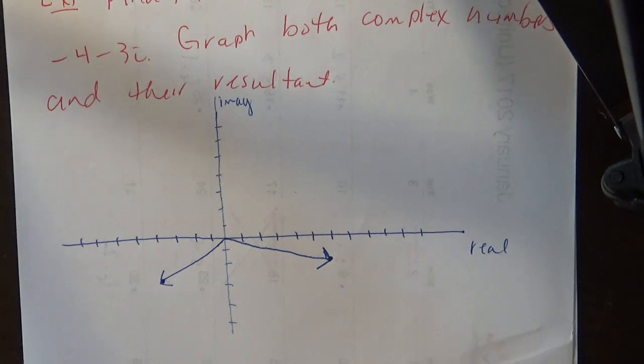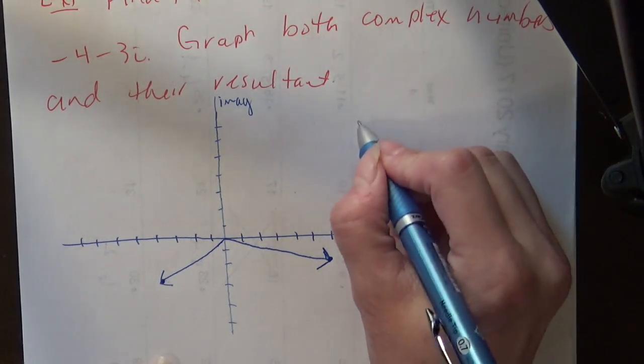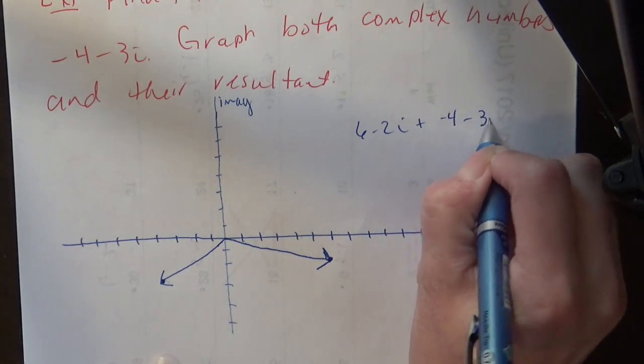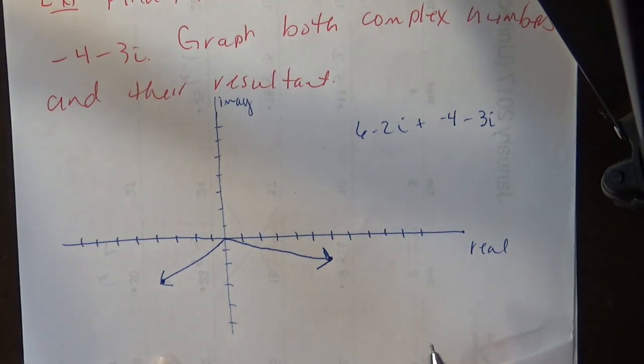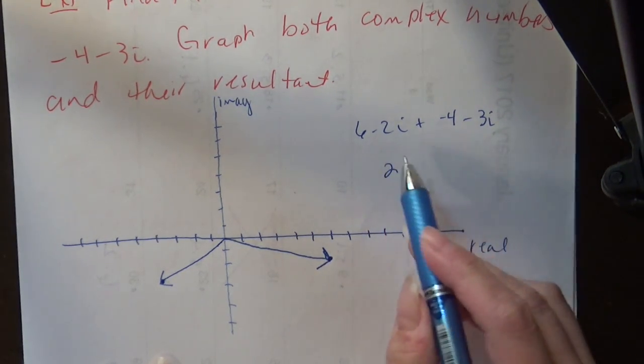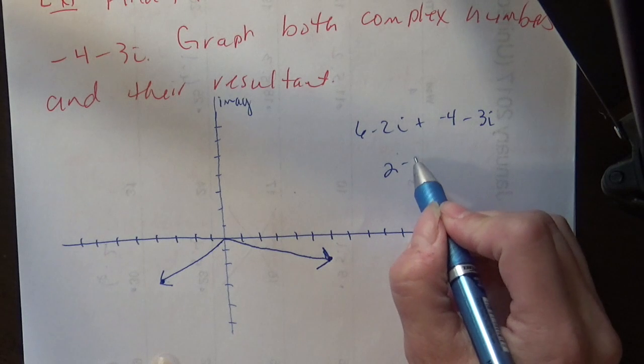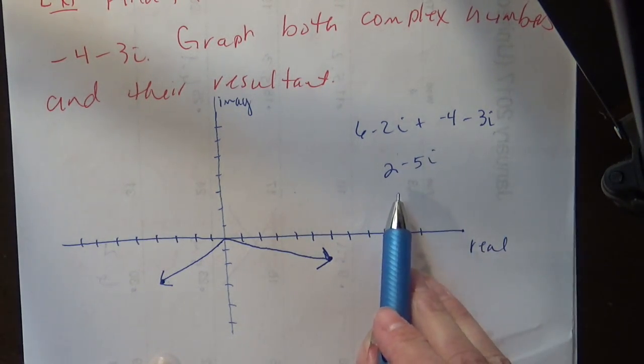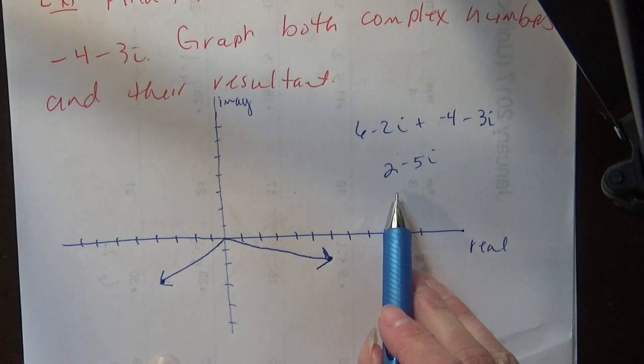And then we have to get the resultant, so we just do that by adding the two complex numbers and graphing that result. So 6 minus 2i plus negative 4 minus 3i, just combine like terms. You're going to have 6 minus 4 is 2. Negative 2i minus 3i is negative 5i. So we're going to graph the complex number 2 minus 5i.